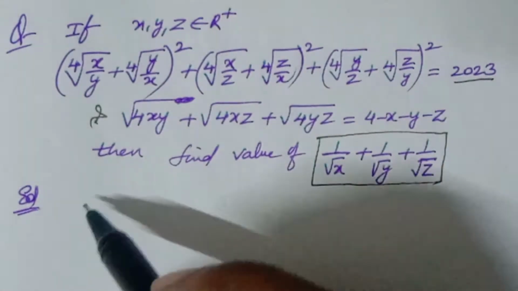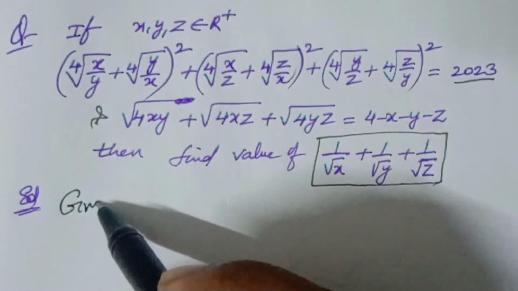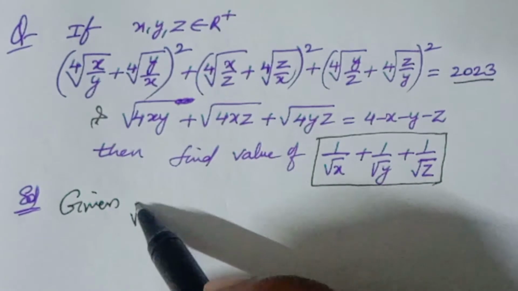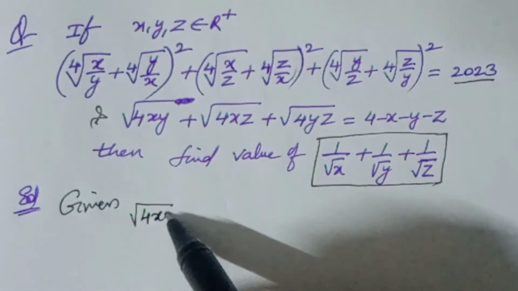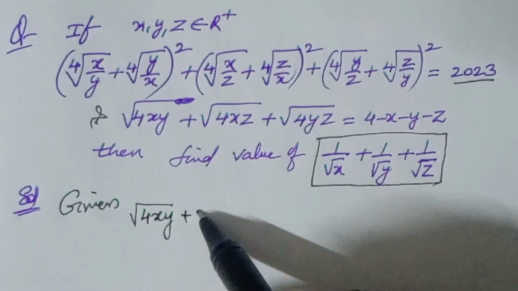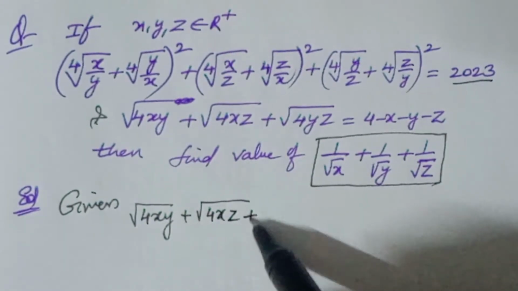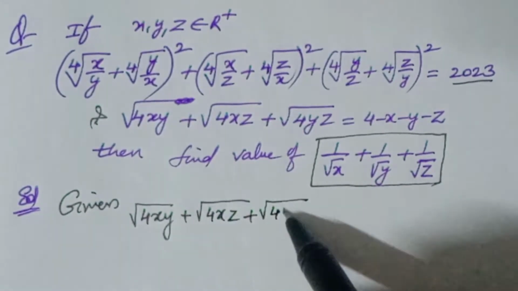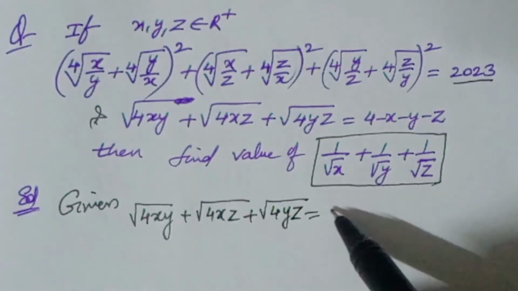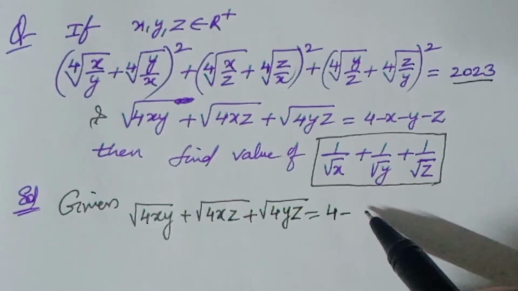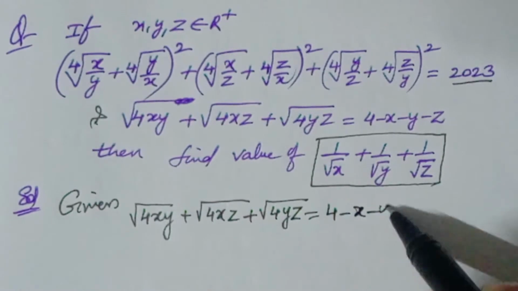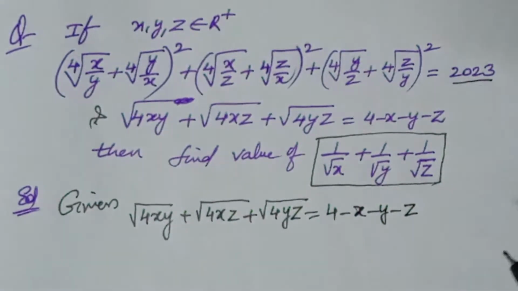So here first of all I am taking the given root of 4xy. Here some logic is there in this problem. Root of 4xz plus root of 4yz is equal to 4 minus x minus y minus z.